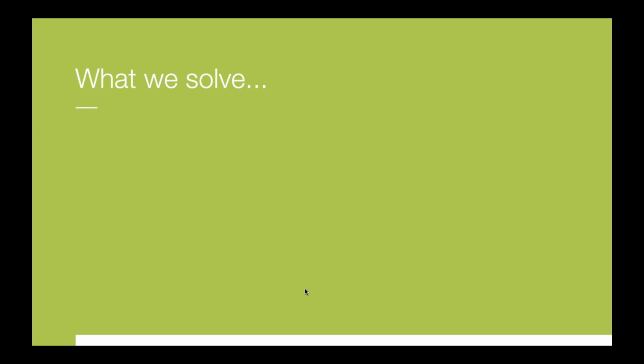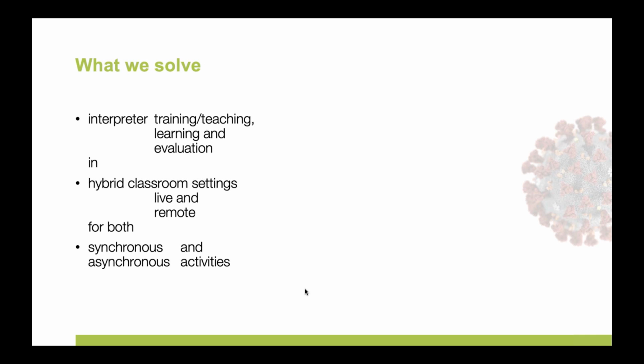Now, what do we try to solve? Which problem do we solve with this new product? Some of the reasons we do this are because of the current situation, of course. What we try to solve is to find one platform to do interpreter training and teaching, interpreter learning, and even a bit of evaluation in what we call a hybrid classroom setting.